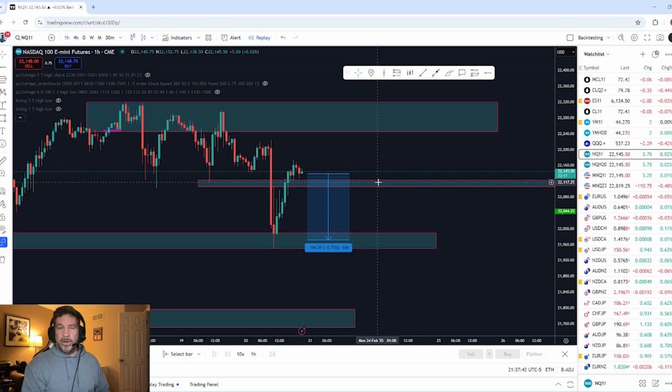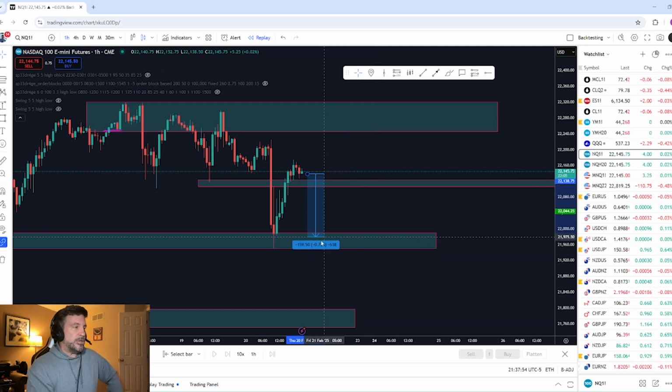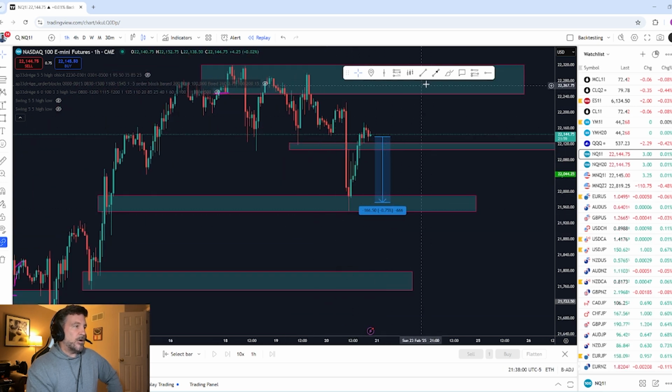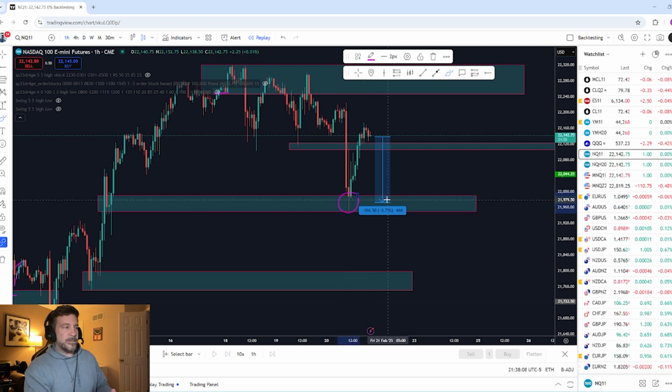I like to trade at these extremes, but I'm looking for those areas, these zones, and also the extremes. So I know tomorrow if the NQ drops down here in this area, we're going to be about negative 0.75%. I also know that we already tested this.